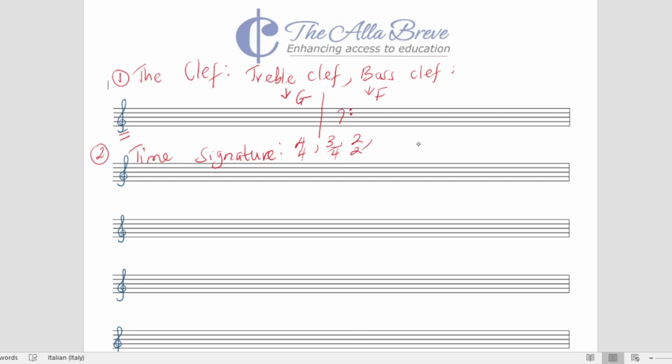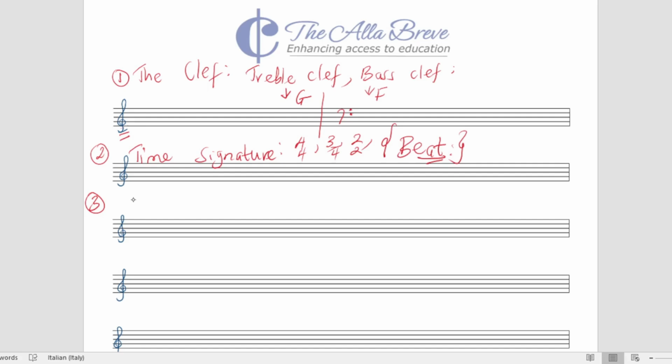There are so many time signatures. So before reading or involving yourself in singing or playing a melody, you need to consider what is the time signature so that it defines which notes receive the beat and at which point the beat is. That's very important.